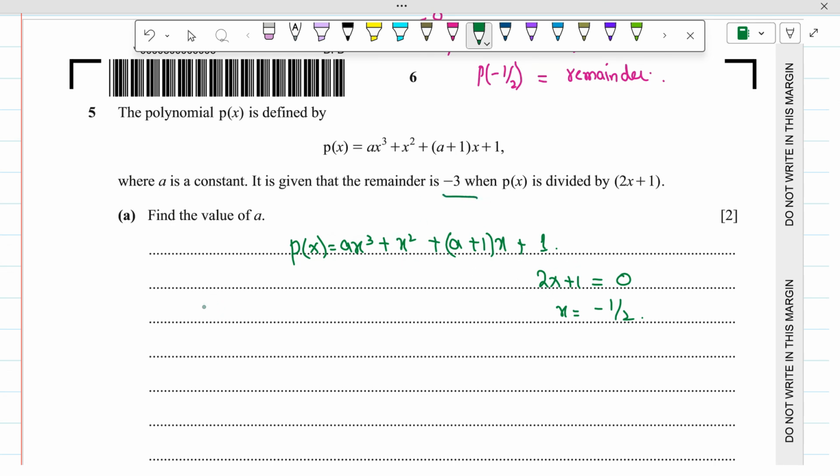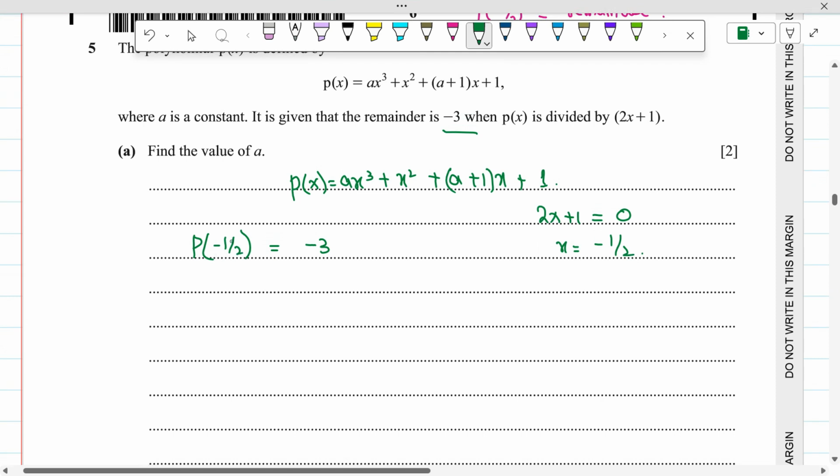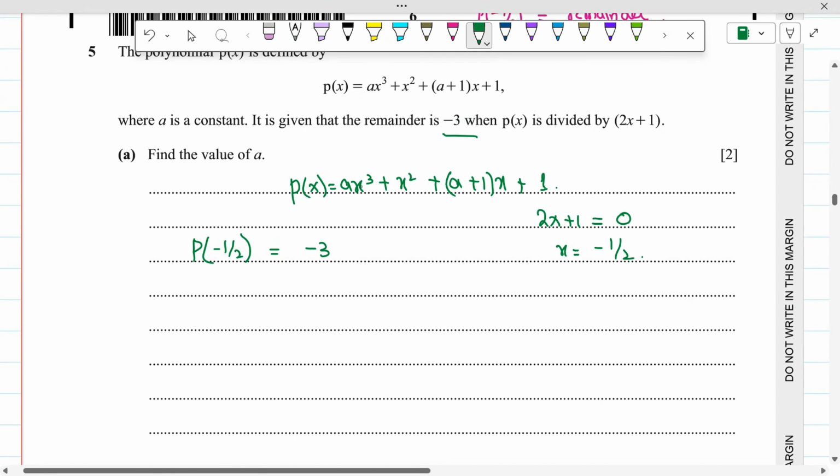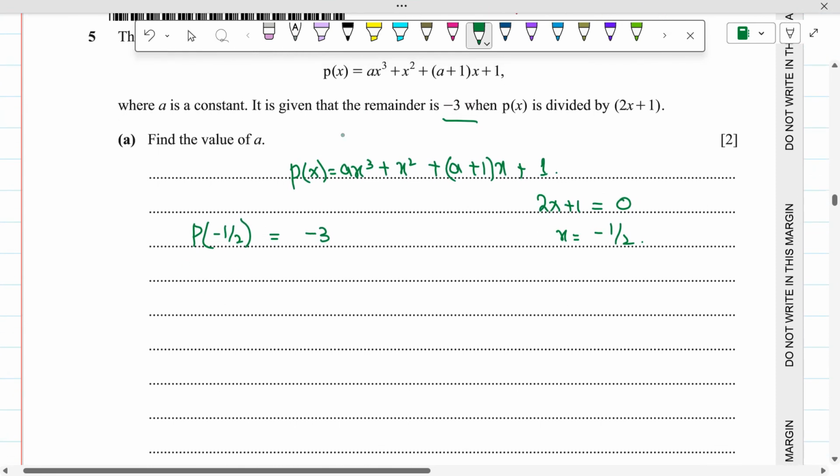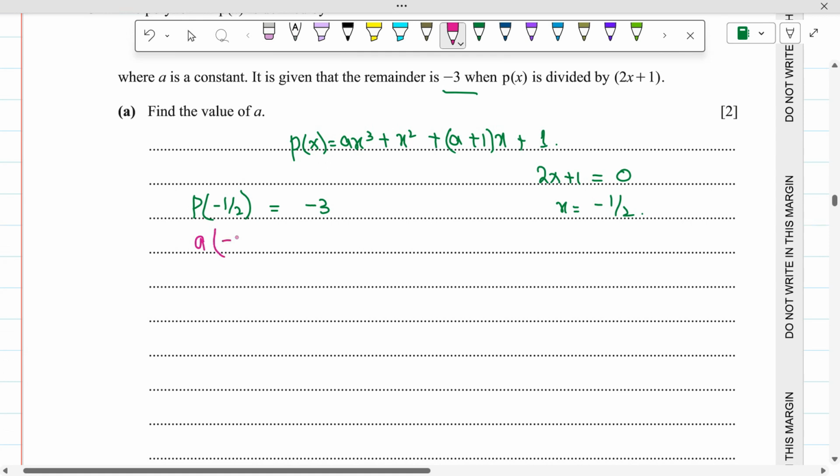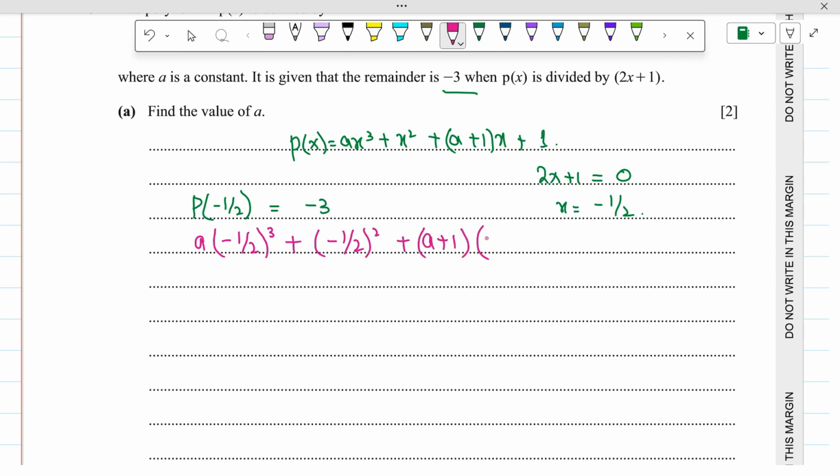So p of negative half equals the remainder, which is negative 3. Now plug x equals negative half into the polynomial: a times negative half cubed plus negative half squared plus (a plus 1) times negative half plus 1, and this equals negative 3.